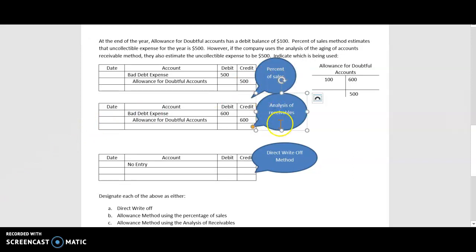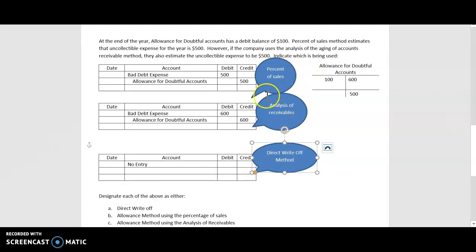This method where we calculated that we wanted our balance to be 500 in allowance is called the allowance method, specifically the analysis of receivables method. And then the last method is where we don't even make an estimate, is the wait and see approach, and it's called the direct write-off method.